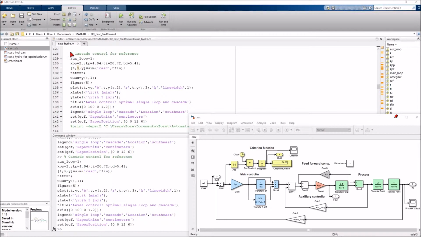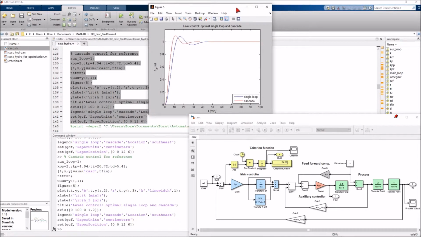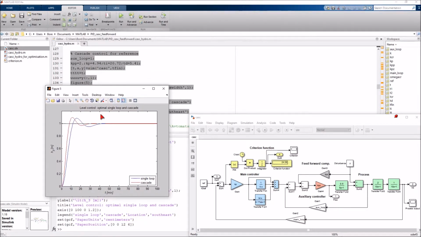Now I will select this part of the main MATLAB program, which is intended for cascade control for the reference tracking mode. I press F9 and I obtain two curves. The red curve is the curve which is intended for the cascade control, and the blue curve is the curve which was realized with the single loop control with the parameters which were optimized with computer optimization.